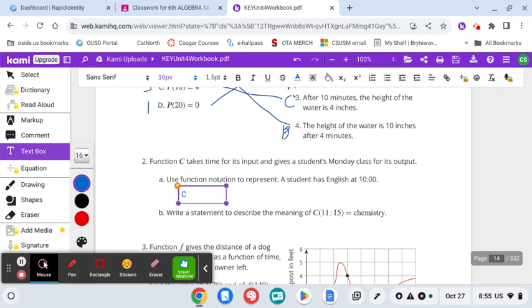So the input is 10 o'clock and the output is English. A student has English class at 10 a.m. Now write a statement to describe the meaning of C of 11:15 equals chemistry. How'd you do?